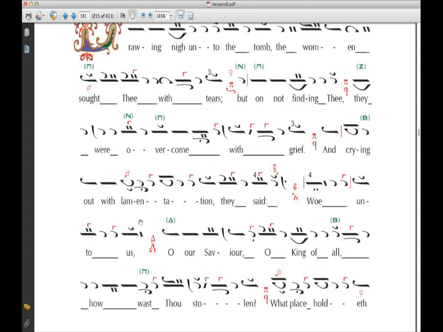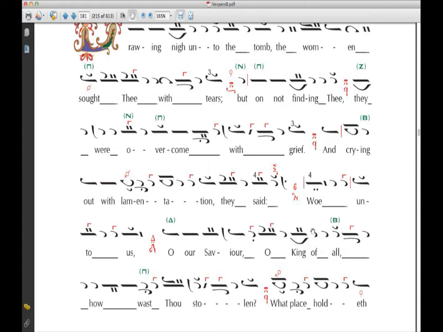And then just to let you know, with some of these things, because they're a slower hymn, and because you're changing up, you can kind of pull the rhythm a little bit. So like on 'and crying out with lamentation, they said.' I probably wouldn't pull that part, but you might pull the 'woe unto us.' Sometimes people will write above that 'arga' in Greek, which means slow.